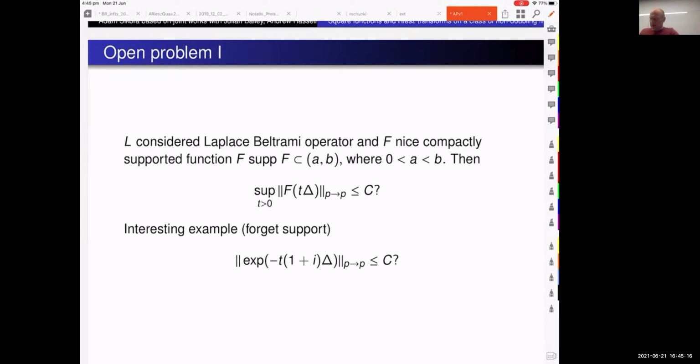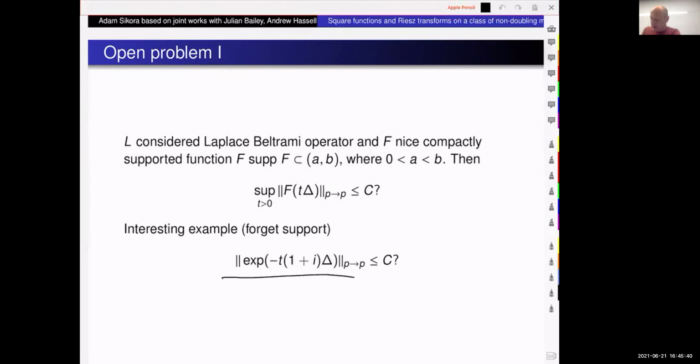So we still have some PDE in the background, right? And what you would expect is that if you've got a nice smooth function, you can define, using the spectral theorem or other functional analysis, a function f of t of delta, right? Such as, for example, the exponential function, right?